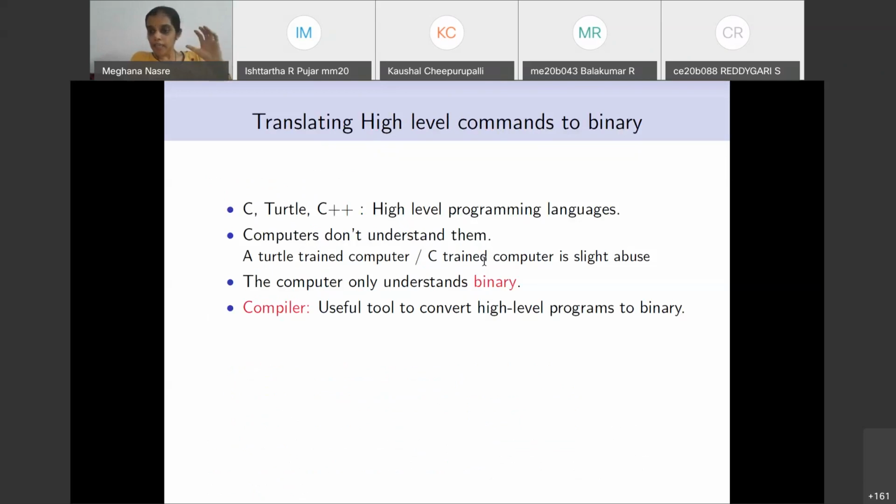A compiler is again a program which is written in a programming language, and it is a useful tool to convert a high-level program to something which the computer understands, which is a binary, an executable for the computer. Does the same executable work on different machines? No. At least in the context of C, if you have to execute it on this machine, which is my machine, I have to compile it on this machine.